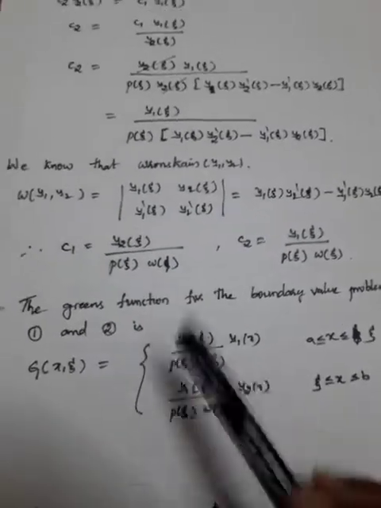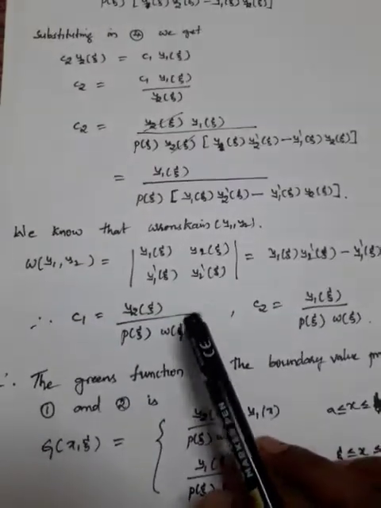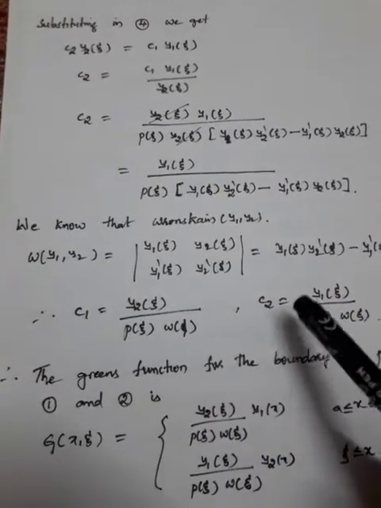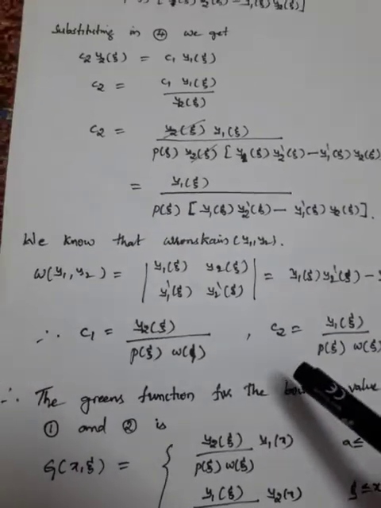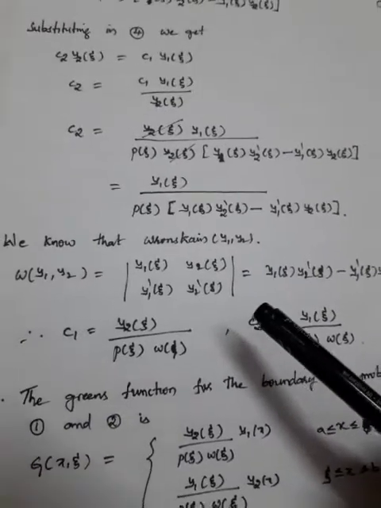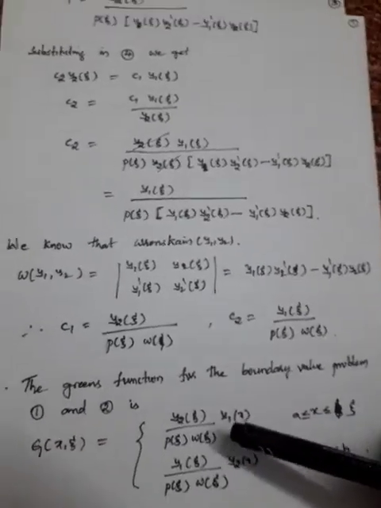So this is how we got the Green's function, by taking the values of c1 and c2 and by assuming y1 of x and y2 of x, we have constructed the Green's function.